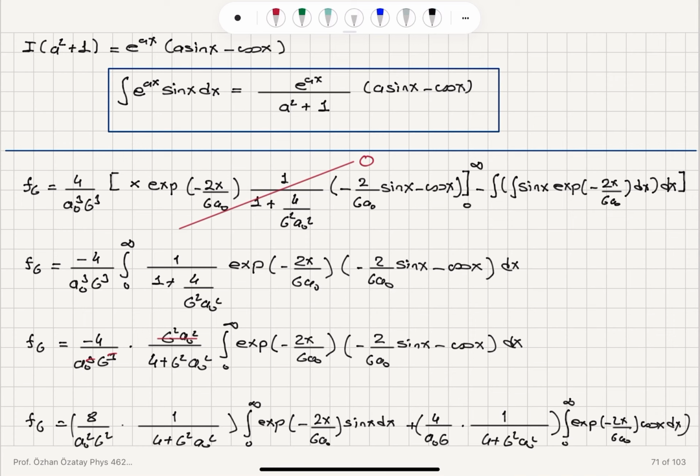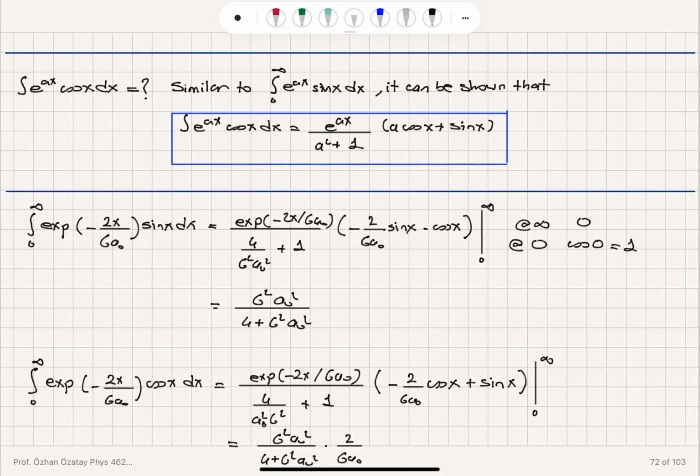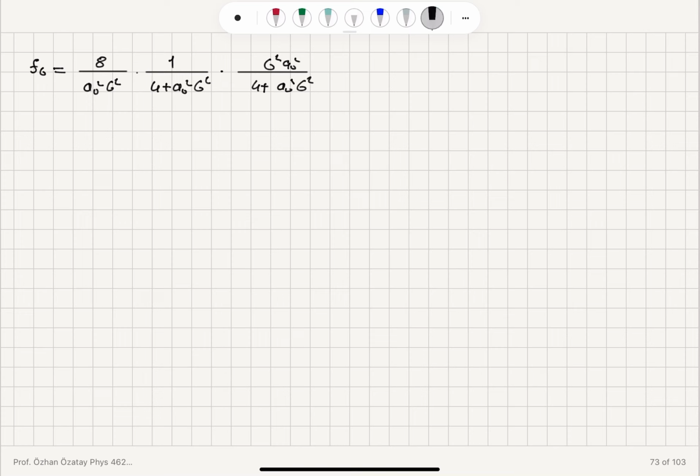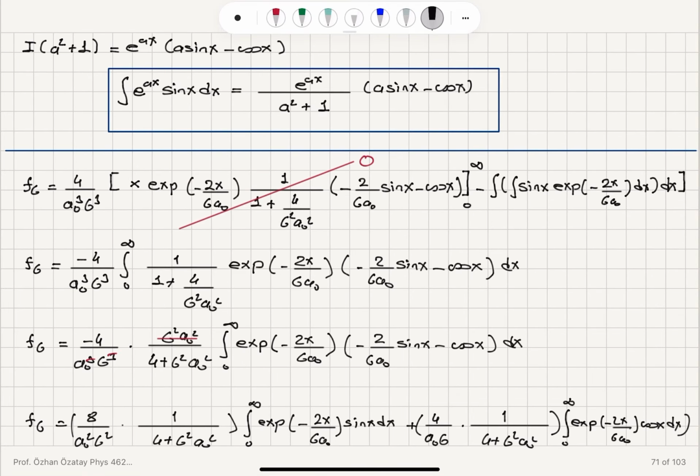We have plus 4 over a0g multiplied with 1 over 4 plus a0 square g squared. So plus 4 over a0g multiplied with 1 over 4 plus a0 squared g squared. And then we had the integral.